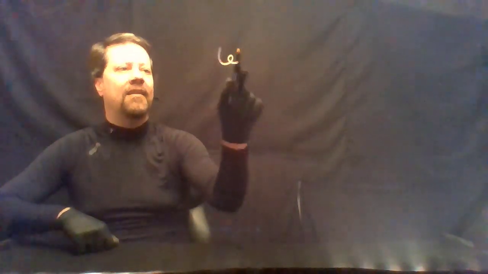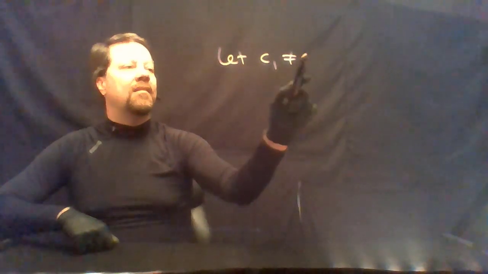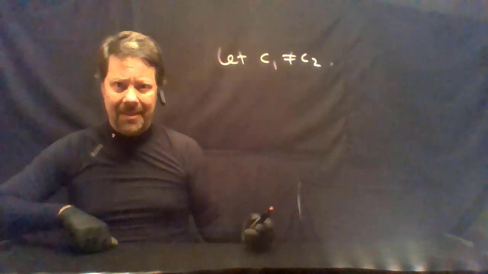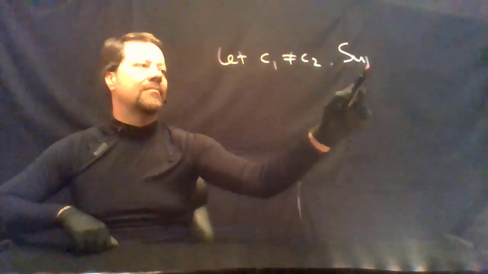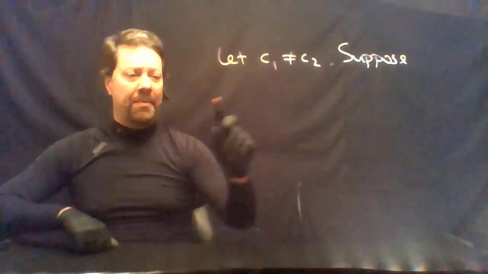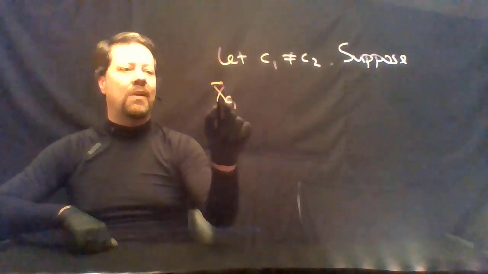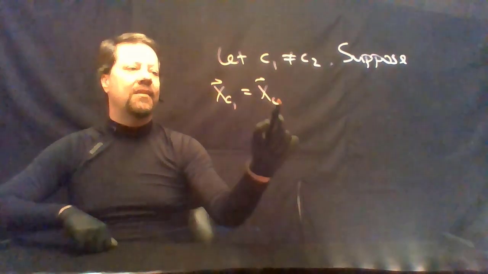Now, how do I know all of these x sub c's are different for different values of c? Suppose c1 is not equal to c2. Also suppose that xc1 equals xc2.